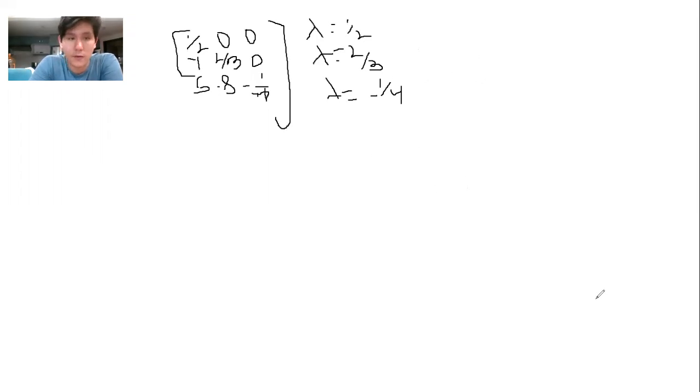The other theme I want to show you is the diagonalization problems. These diagonalization problems use the next formulas.